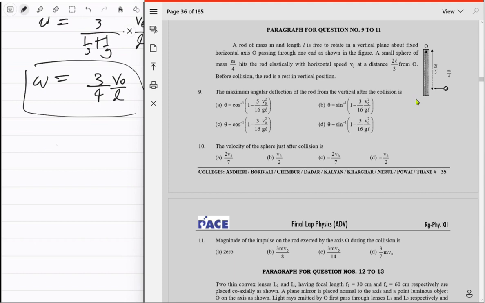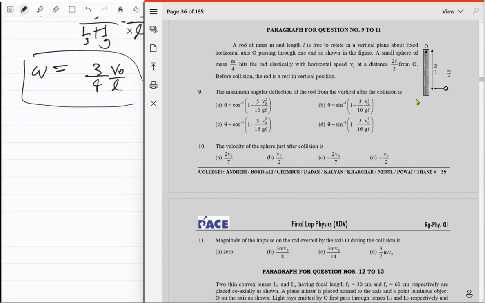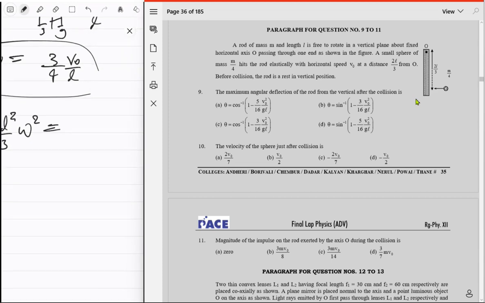Find how much the energy is. Wait, once again, just try to do it correctly: ml squared upon 3 omega, it's like half times omega squared, that is equal to initial energy to final energy. Suppose you went up by angle theta, then it's 1 minus cosine theta, right?